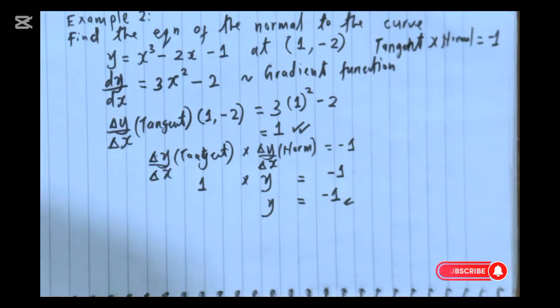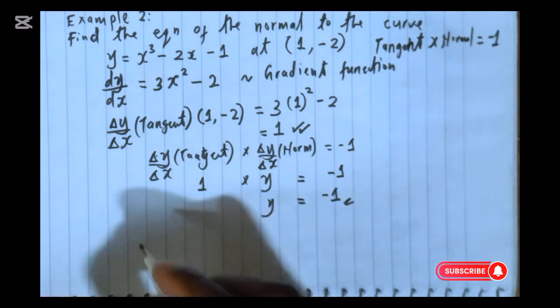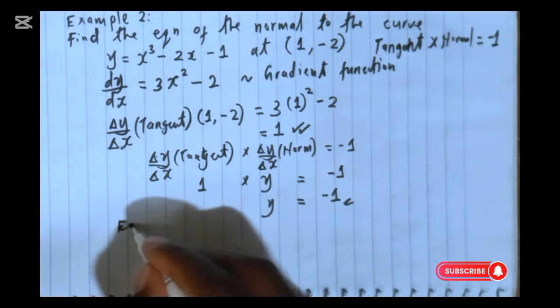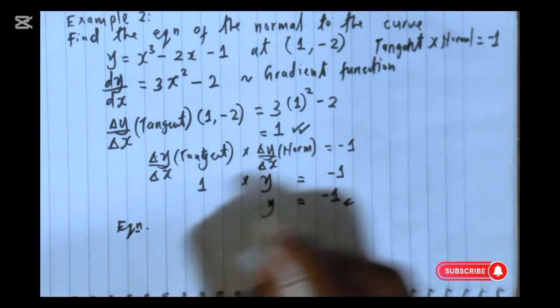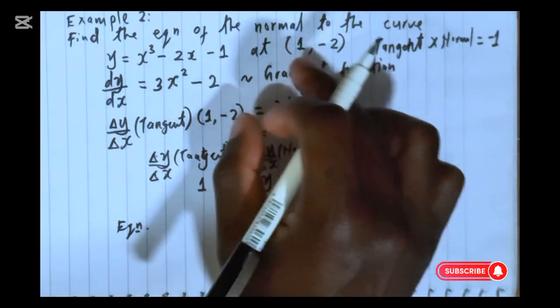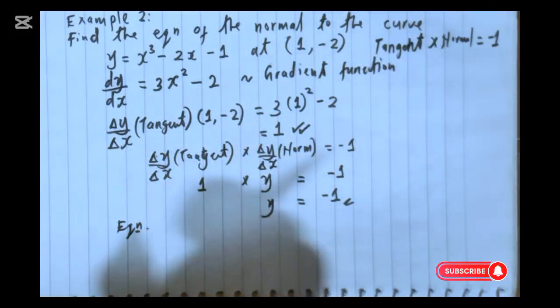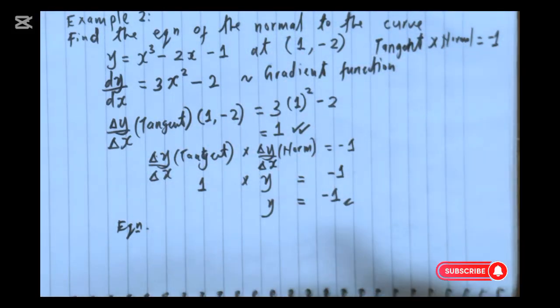And so now we have the gradient of the normal, and so we can find the equation of the normal to the curve. And so we know that for us to find the equation of the normal of the curve with the gradient, you're just going to pick the points and use the concept of change in y over change in x to find the equation of that straight line there.